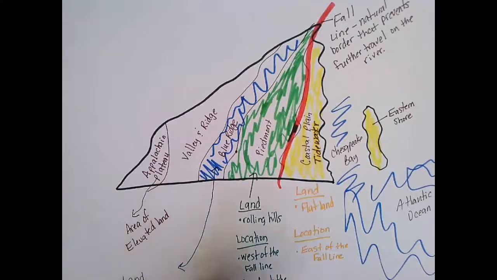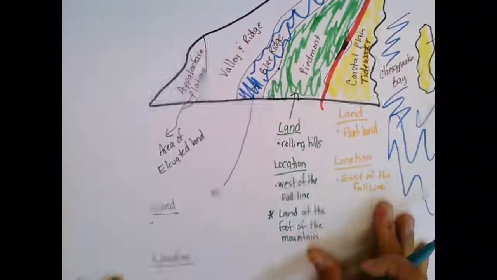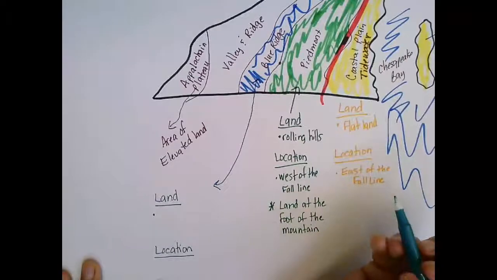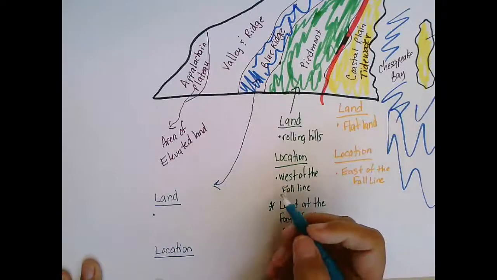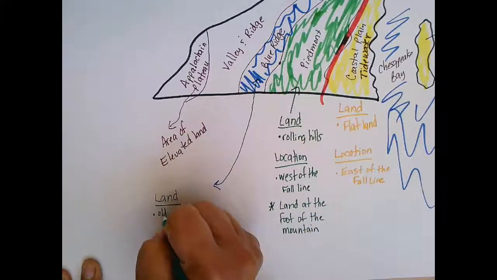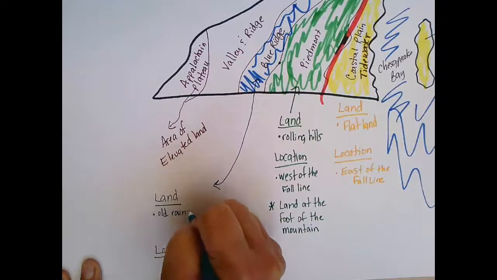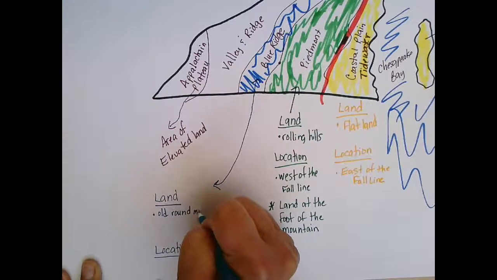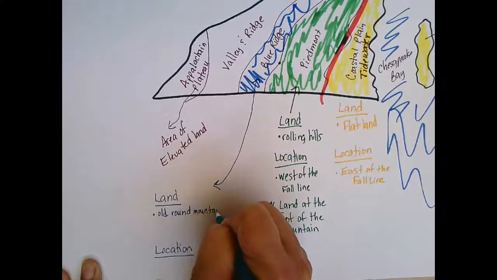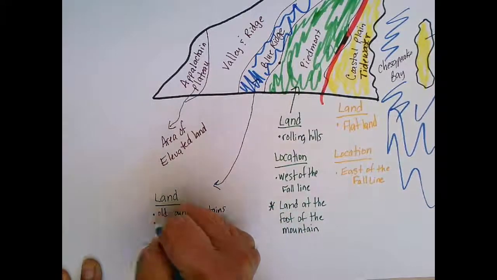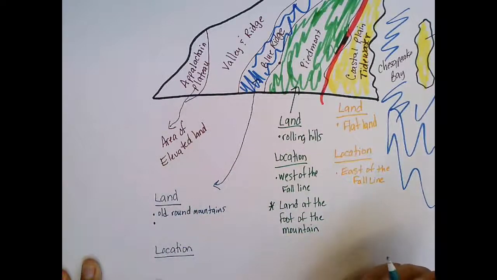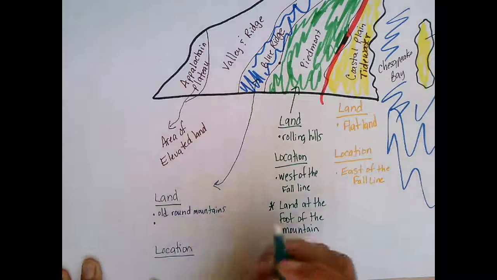Okay, so for the Blue Ridge Mountains land, you have to know that it has old, rounded mountains. Let's go back.